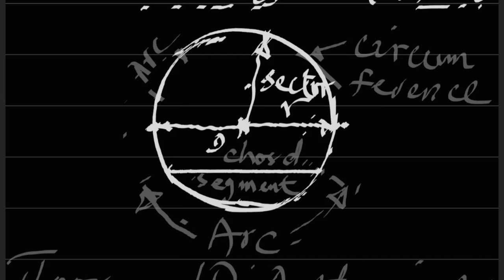A line that runs from circumference to circumference, it could pass through the center, it might not pass through the center. That line is chord. So you can know the little difference between a chord and a diameter. So this is a chord, and the cycle itself is the circumference.